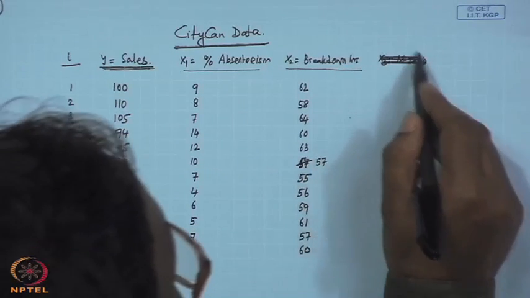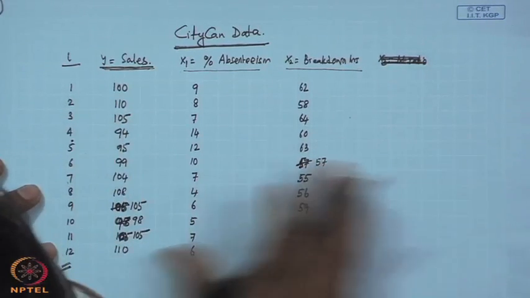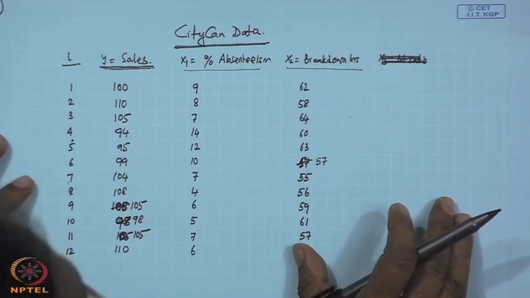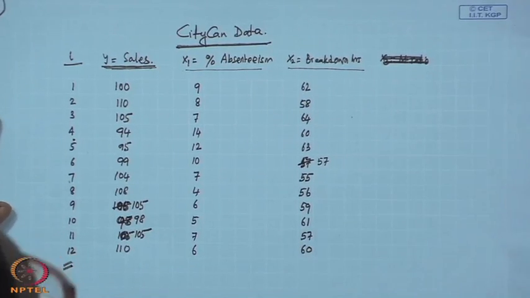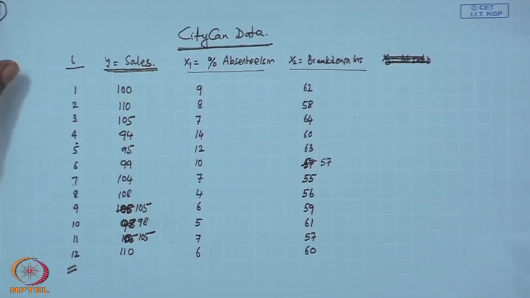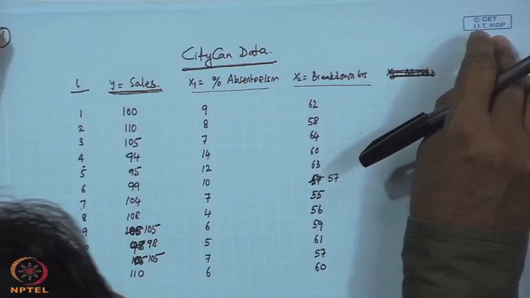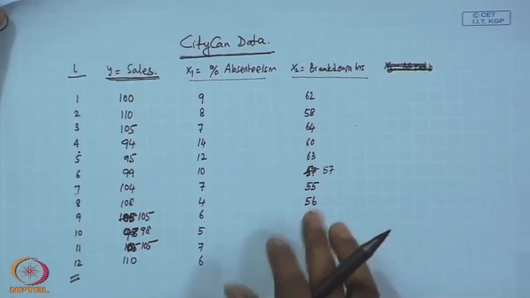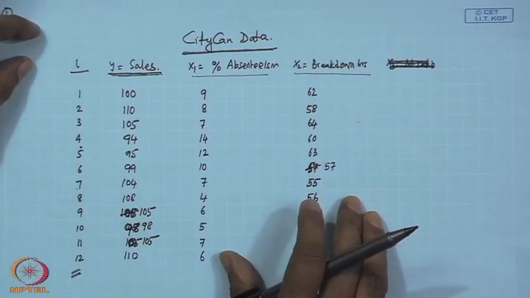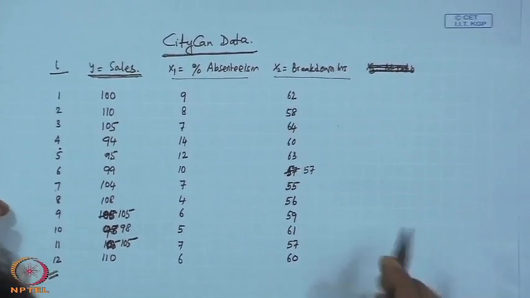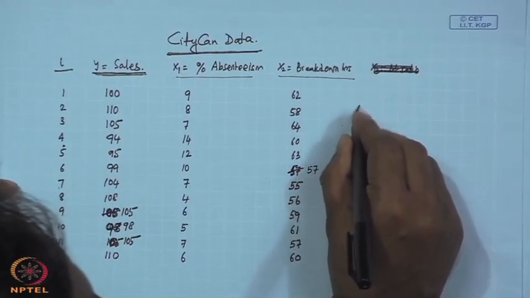We are not considering the M ratio for this explanation because the computation will be much more, but you have to collect all possible data for all relevant variables, and then you have to develop the regression equation. Okay. With respect to this, I want to calculate beta cap.